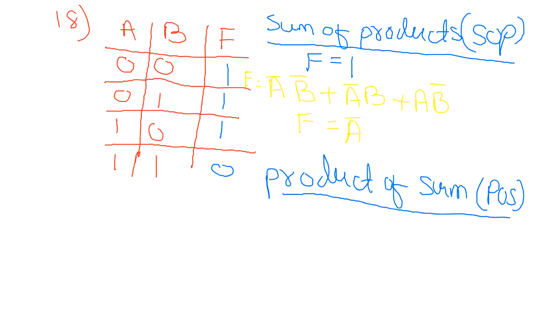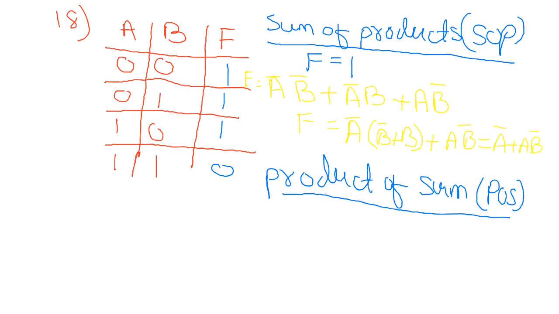A bar, if I take common, B bar plus B, plus A B bar. Therefore F is equal to, B bar plus B is 1, so A bar plus A B bar.